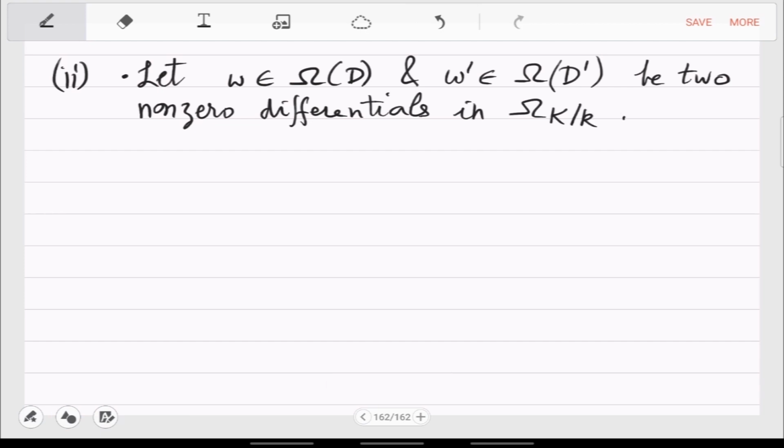We want to show that they are related, one is a multiple of the other by a function. That's a very powerful claim we are making. So how will you show it?